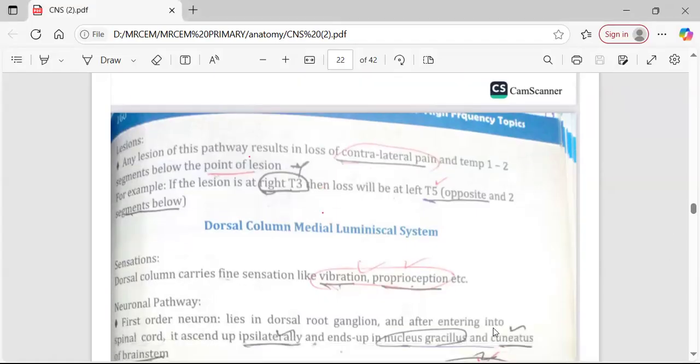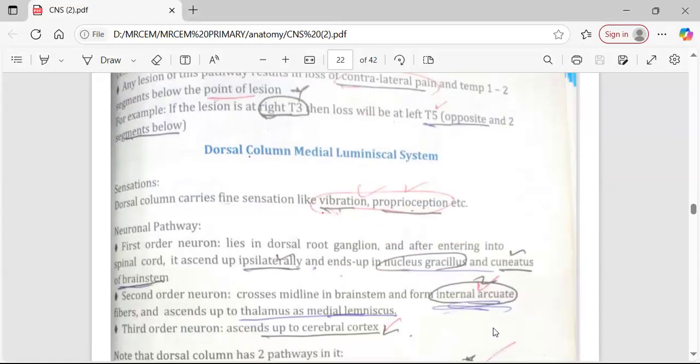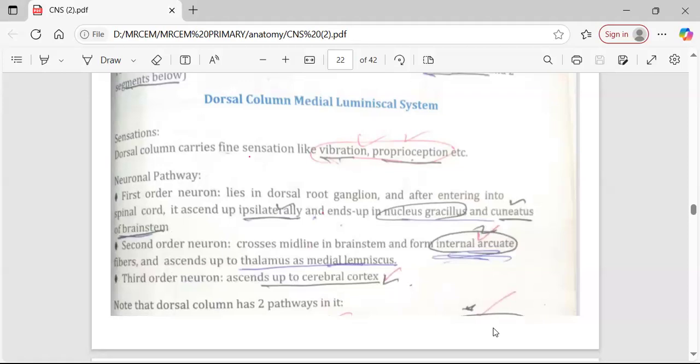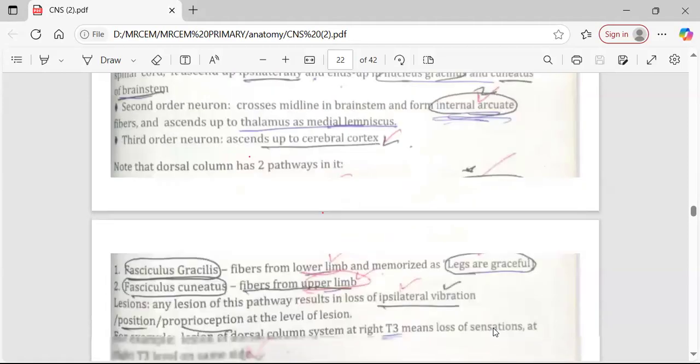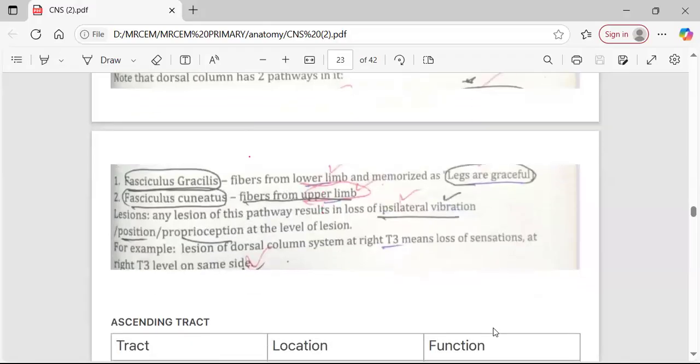There's the dorsal column medial lemniscus system. Dorsal column fibers carry sensations like vibration and proprioception. Fasciculus gracilis and fasciculus cuneatus, these are important. Fasciculus gracilis, legs are graceful, so fibers from the lower limb, and fasciculus cuneatus, fibers from the upper limb.